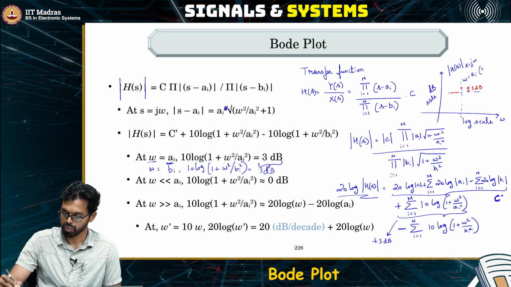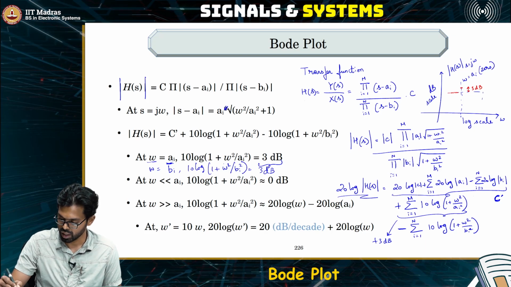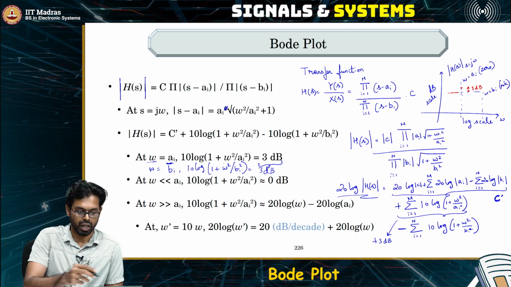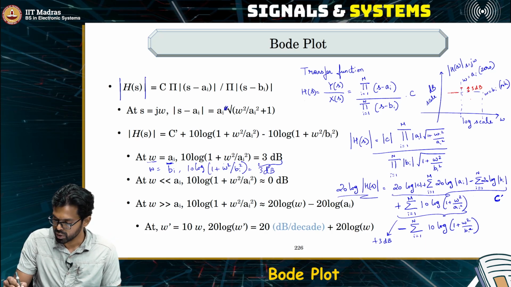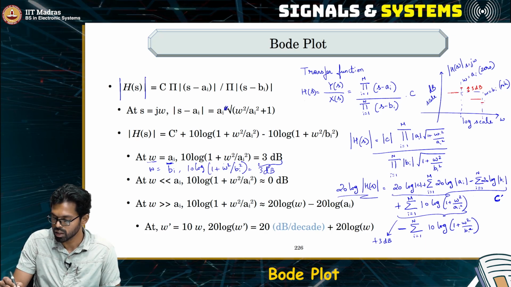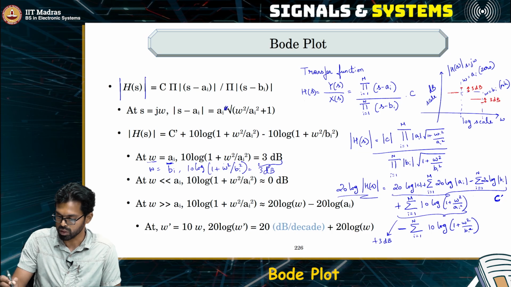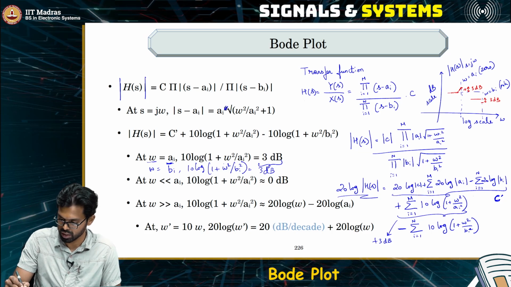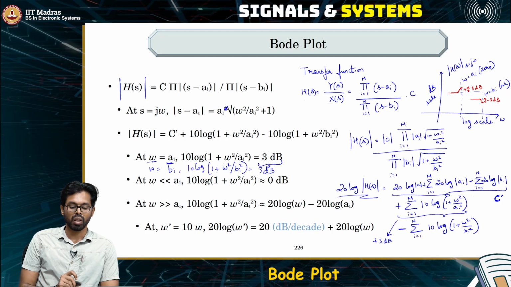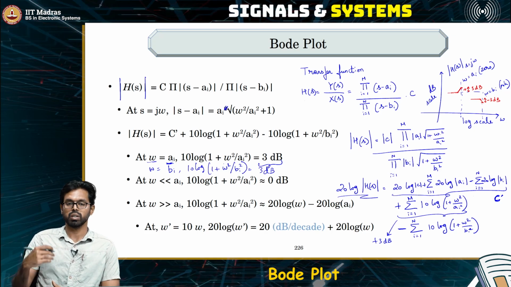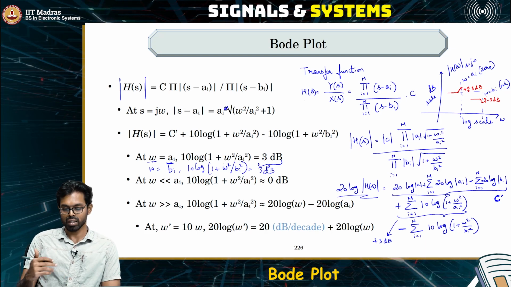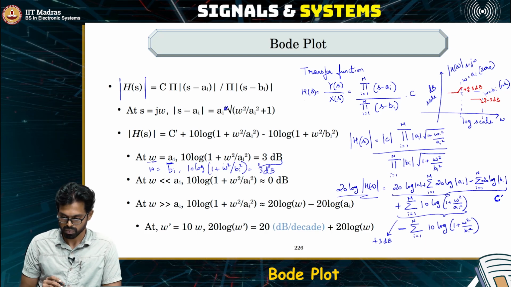So this is a zero, whereas in case we had a pole at omega equal to bi, then at that particular point, whatever the previous value of the transfer function was falls down by 3 dB. Because this was plus 3 dB, there is an increase, whereas this is minus 3 dB, there is a decrease. So at the zeros, there is an increment of 3 dB compared to the previous value, and at the poles, there is a decrement of 3 dB compared to the previous values.